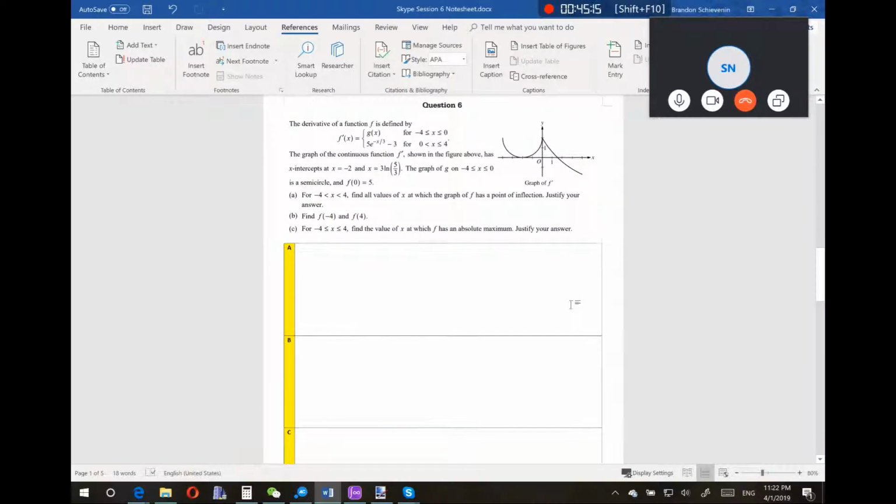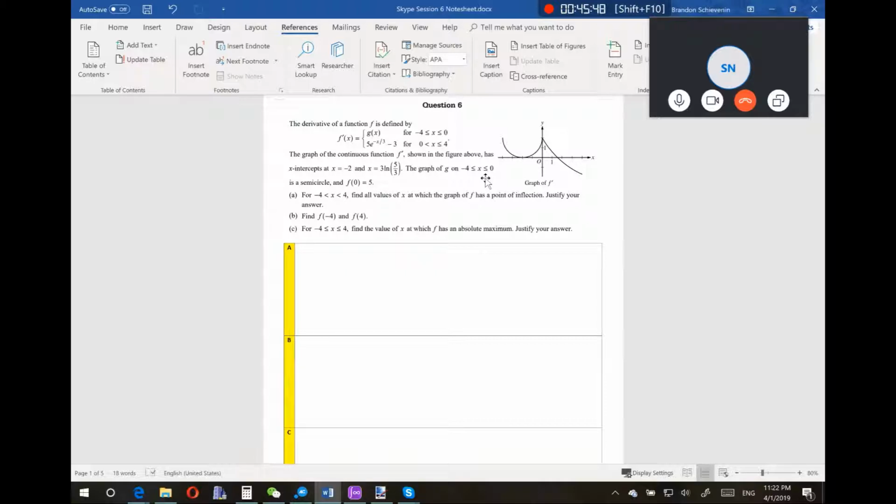Let's jump to 6. So I've got another piecewise function defined here. Be careful, this graph is the graph of f prime, not the graph of f this time. So we have f prime is equal to g of x from negative 4 to 0, and also 5e to the negative x over 3 minus 3 from 0 to 4. Our graph of f prime is shown here.